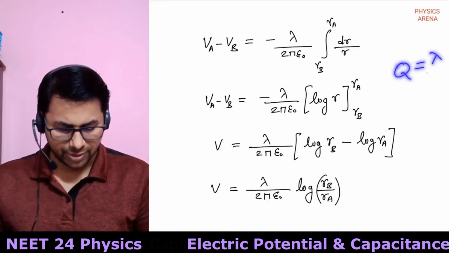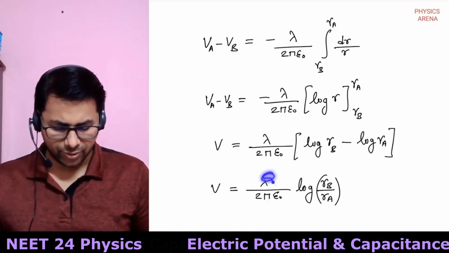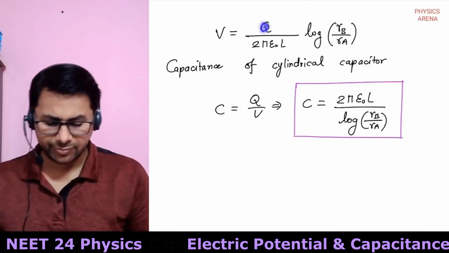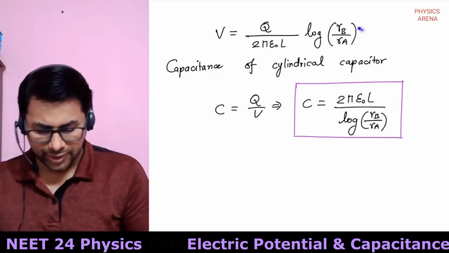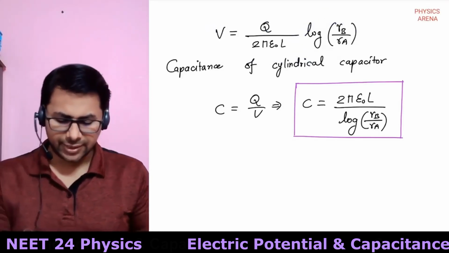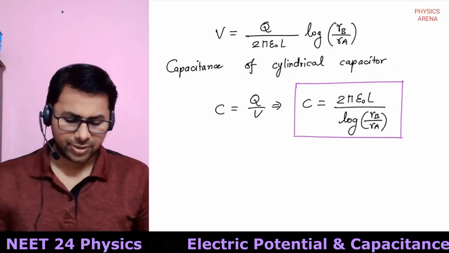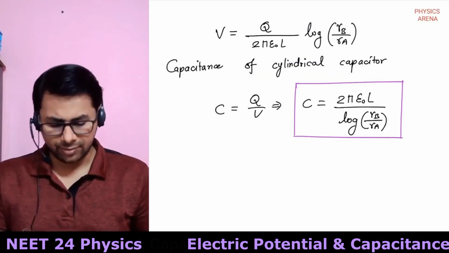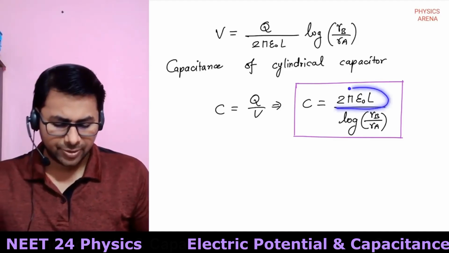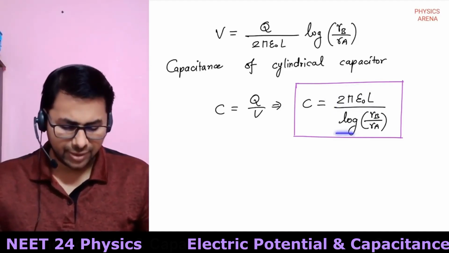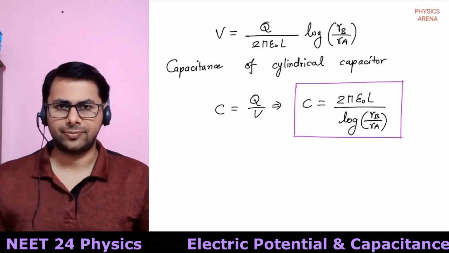Q is equal to lambda times L, or you can say lambda is equal to Q upon L. So you write that, and then you move these things on the left-hand side, V on the right-hand side, and you find the capacitance of a cylindrical capacitor. It comes out to be 2 pi epsilon naught L divided by log of RB by RA.